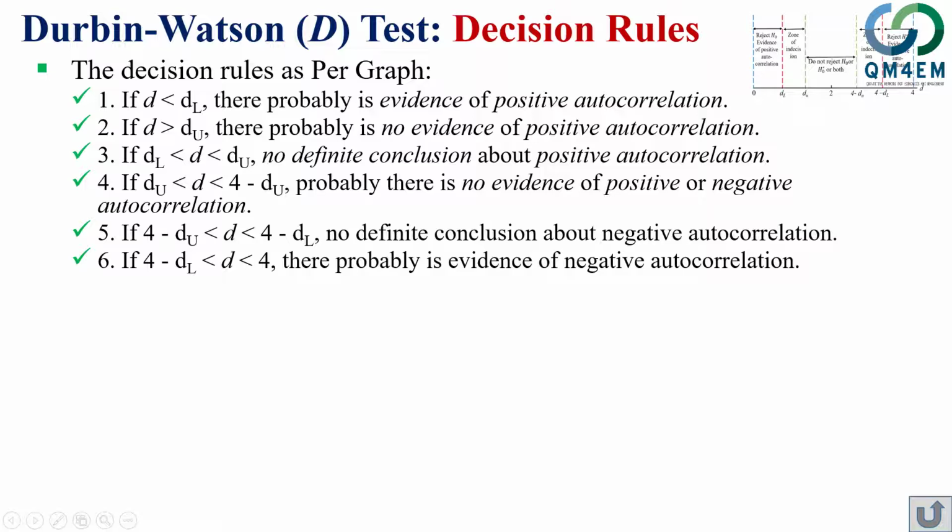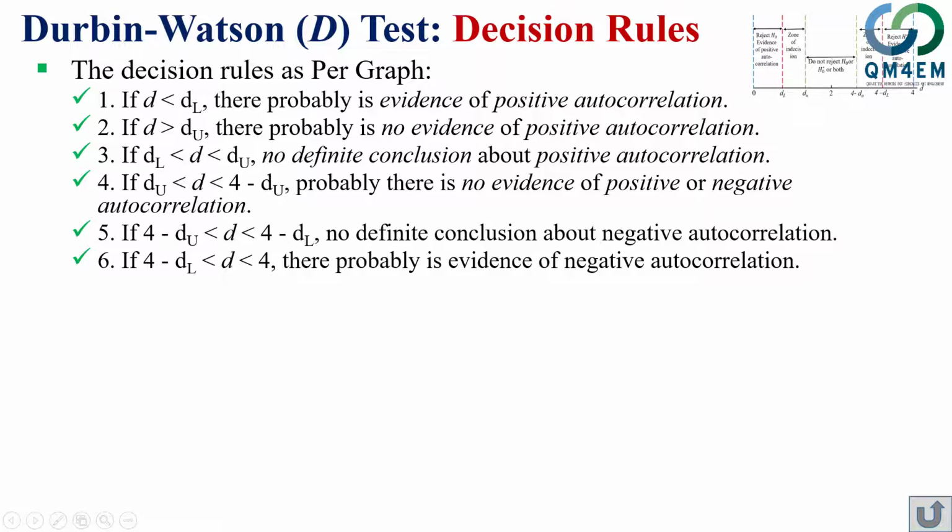If d is greater than dU, there is probably no evidence of positive autocorrelation. If dL is less than d is less than dU, then there is no definite conclusion about positive autocorrelation. Similarly, if dU is less than d is less than 4 minus dU, there is probably no evidence of positive or negative autocorrelation.